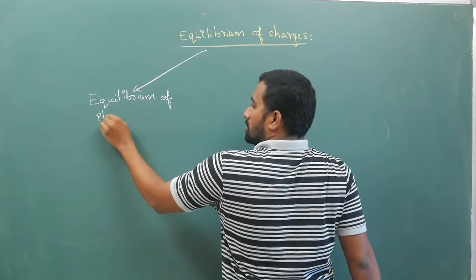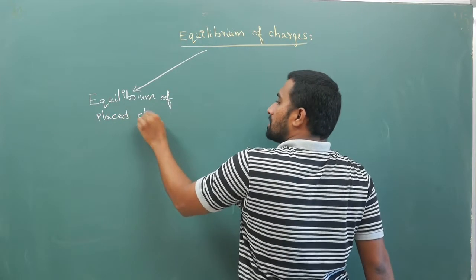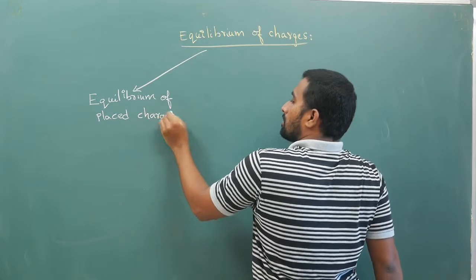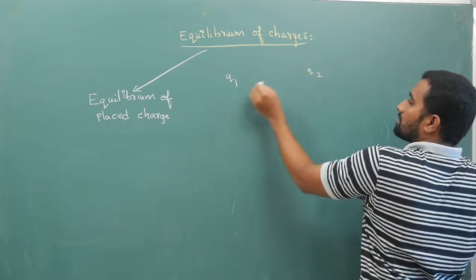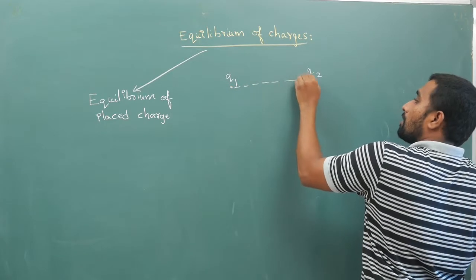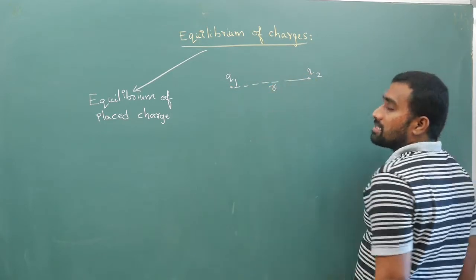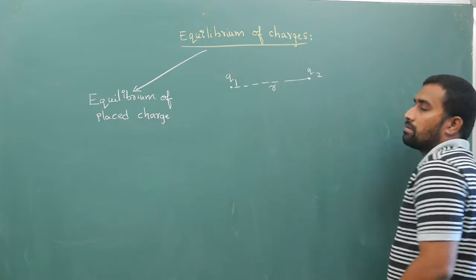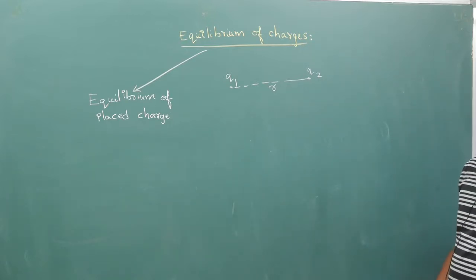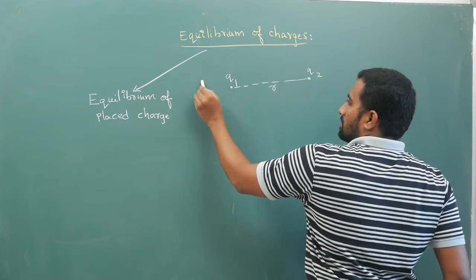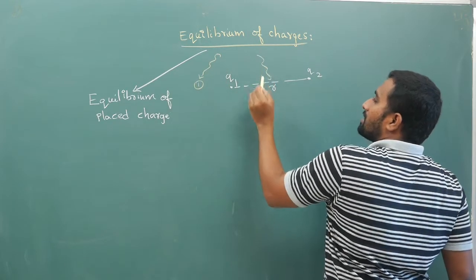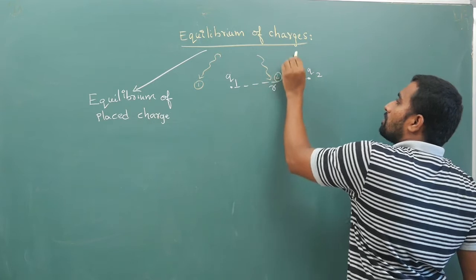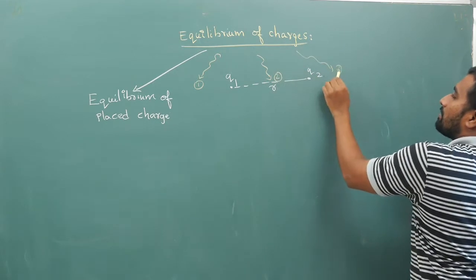placed charge. That means whatever charge that you are placing, for example, if you have a charge q1 here, another charge q2 here, and this distance is r. Now if I bring one more charge, I can place it at position 1 here, in between at position 2, or here at position 3.